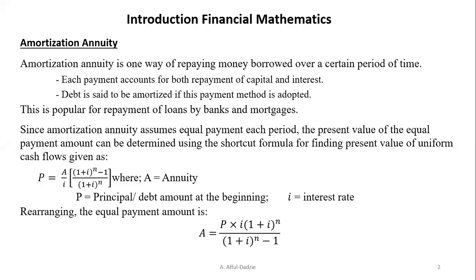We say that an amortization annuity is one way of repaying money borrowed over a certain period of time. Each payment accounts for both repayment of capital and interest. So each payment will account for a certain part of the capital and a certain part of the interest.